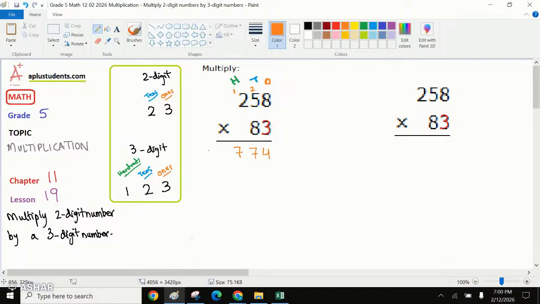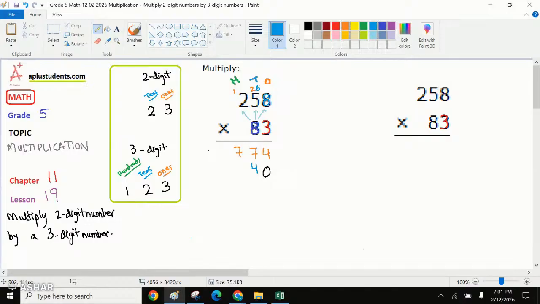So what we can do is multiply the units, then we multiply with the tens. Whenever we are multiplying with the tens, we have to put a 0 because we are not considering the units now. So this 8 would be multiplied by 8, 8 multiplied by 5, and 8 multiplied by 2. 8 multiplied by 8 is 64.